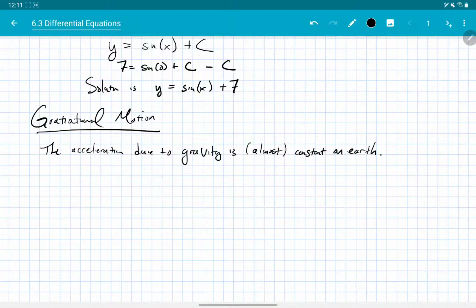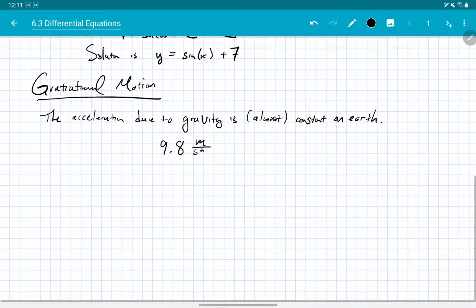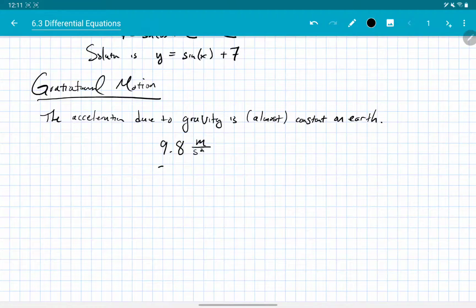It is known that gravity accelerates matter at 9.8 meters per second squared, and at 32 feet per second squared. Those are the metric and the imperial units. Now, just this fact of gravity accelerating in this manner allows us to solve some very specific problems.